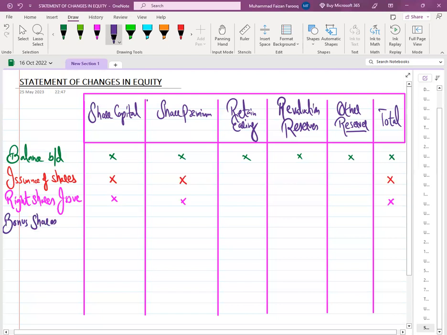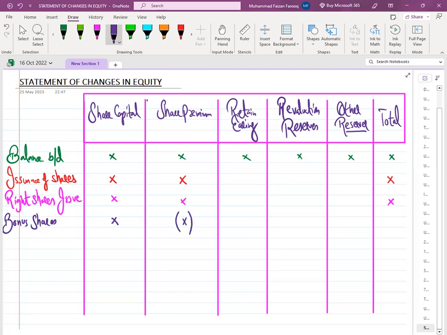If I recall the entry for bonus shares, it is share capital credit, which means equity is increasing. But in the case of bonus shares, we have two debits.